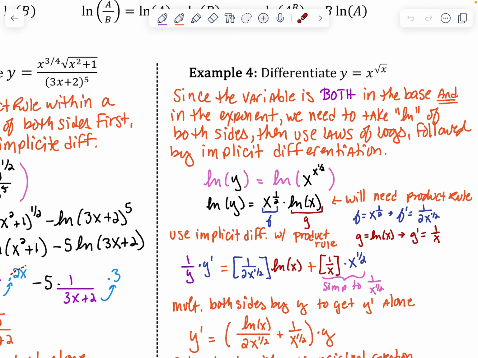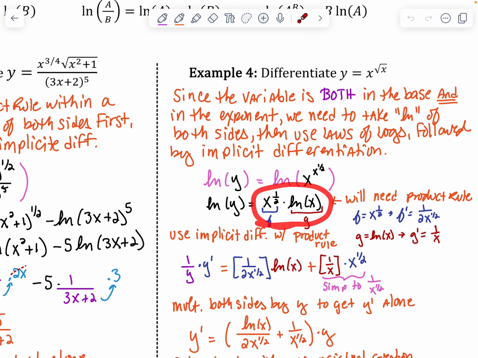Looking at the left side, the natural log of y is to put y in the denominator. I don't need an ln of the base in the denominator because I already have an ln in the question. When I take the derivative of y and just get 1, I need to account for the fact that this function was solely in terms of the x variable, so I need my dy/dx, or y prime is another way of writing it.